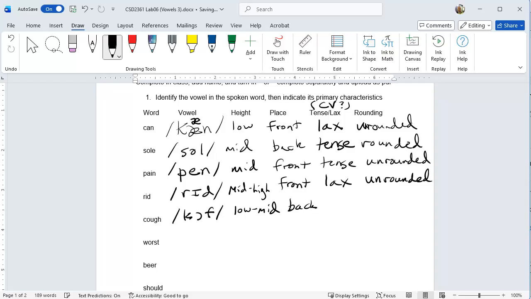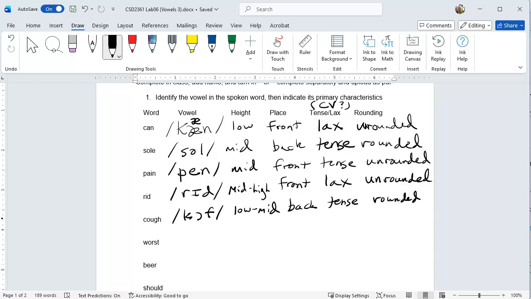We do have words like caw, the sound made by a crow, or saw or jaw. That makes this a tense vowel. You can also hold it for a relatively long time and it doesn't seem really weird. And it is in our rounded section, which includes all the backs except for ah, as well as the mid-plus section.